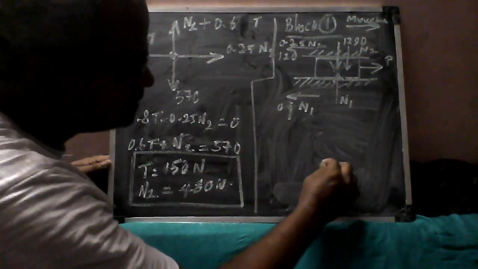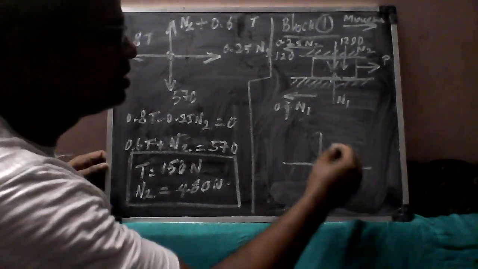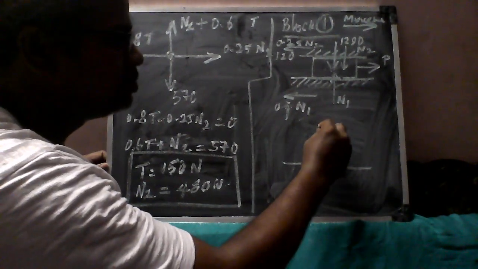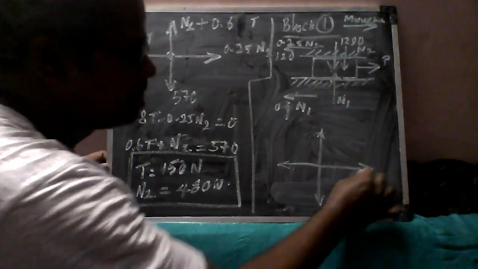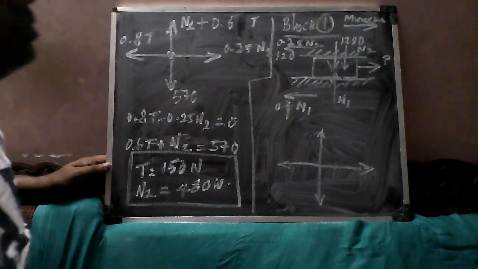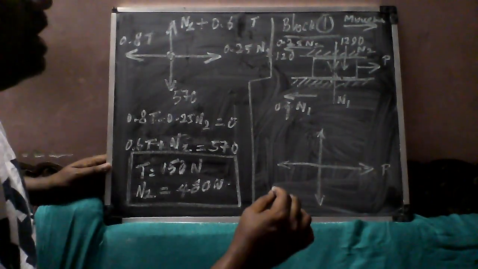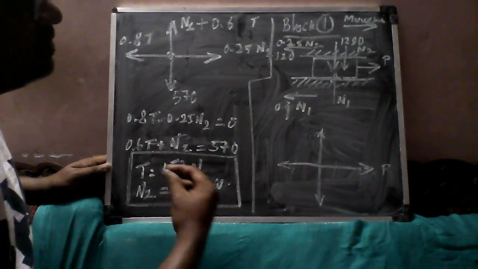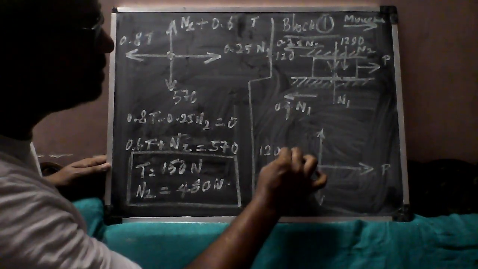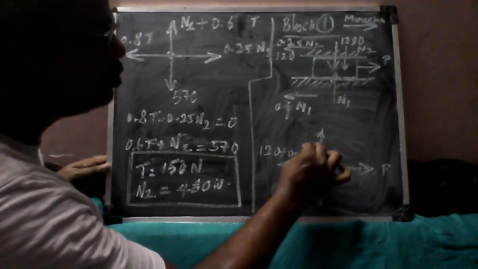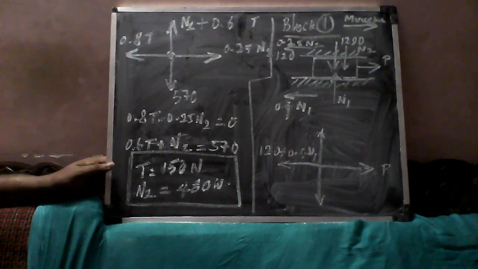Coming to this, I can draw a free body diagram for this block. I have P here. On the left side I have 120 plus 0.4 N1.